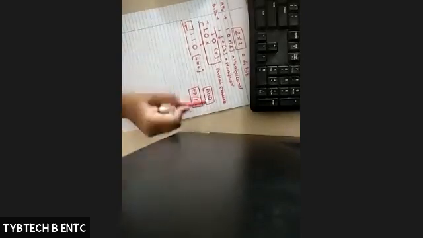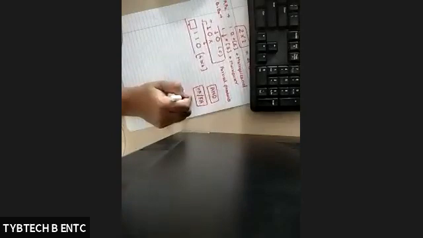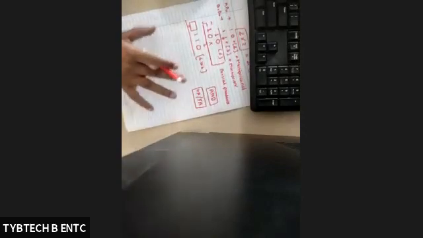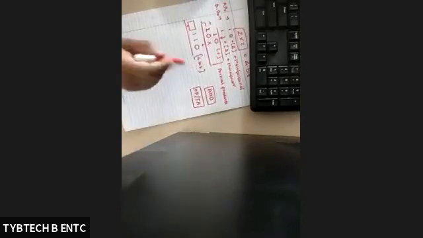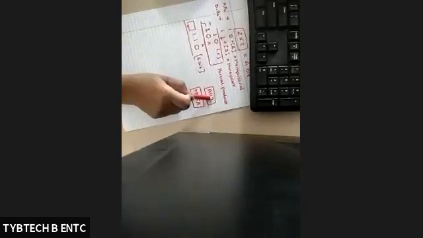We can choose a half adder or full adder. So for designing an array multiplier, we need AND gates and adder circuits. It may be half adder or full adder, right? So what is the first step of this multiplication? First is the partial product generation. For this partial product generation, we need AND gates.